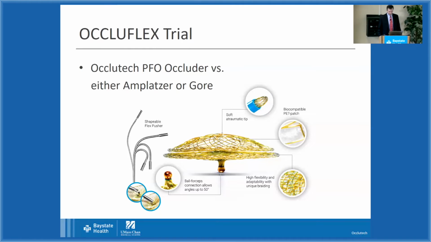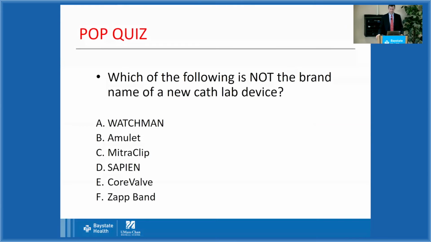What do you think we're going to find next? I'm a little excited. Anybody? What do you think we're going to find next? Uh-oh. It's a pop quiz. Okay, I'm going to need some help with this. Which of the following is not the brand name of a new cath lab device? Is it A, Watchman, B, Amulet, C, MitraClip, D, Sapien, E, Core Valve, or F, Zap Band?